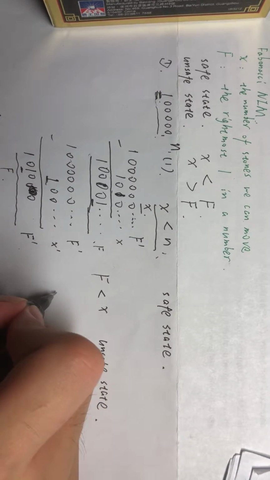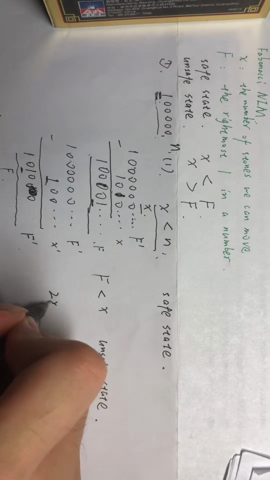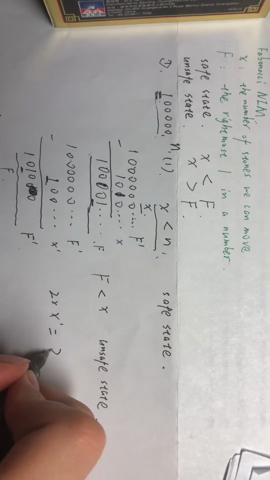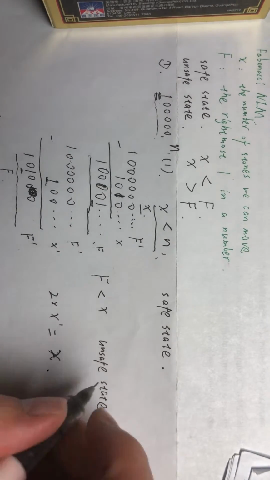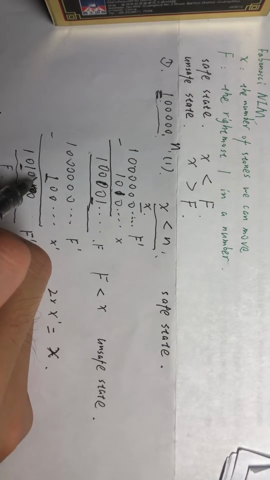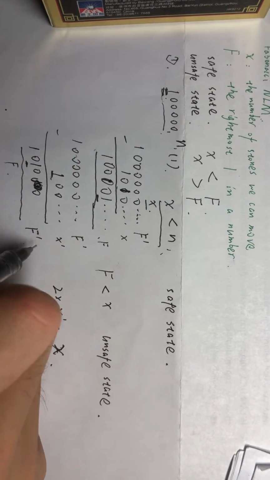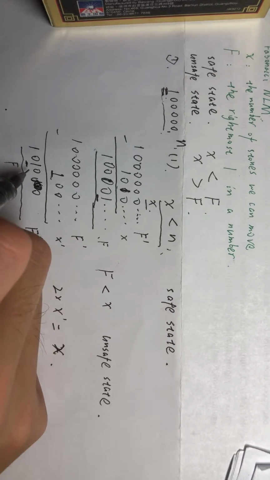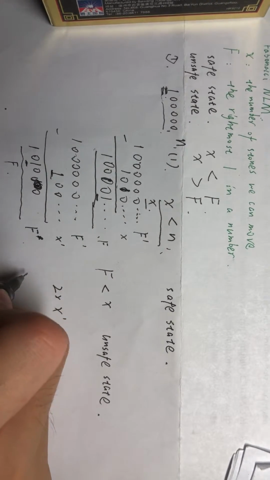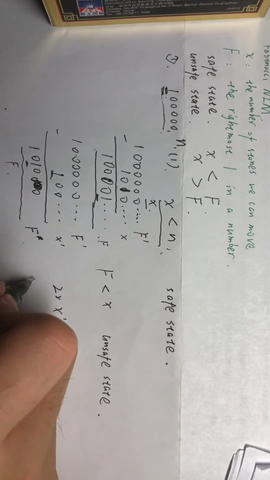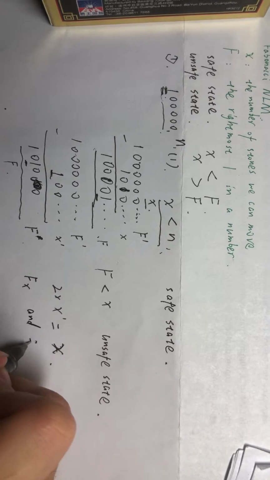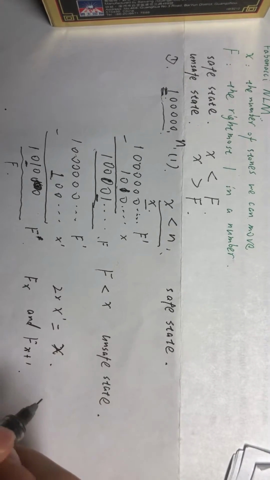If we multiply 2 by x here, we will get the x of this time, and you can see that because of the position of the x here and the f, they're just one distance, so in fact it stands for fx and fx plus 1.